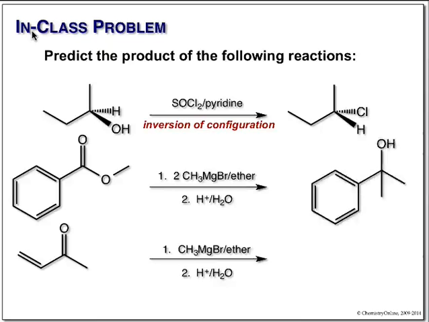Remember, these 2 groups right here came from our Grignard reagent. Lose the alkoxy, add 2 Grignards to the carbonyl carbon.